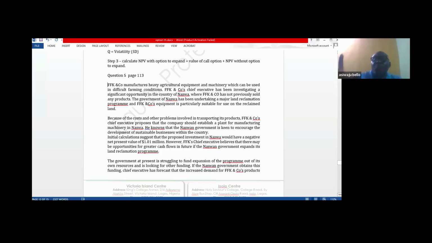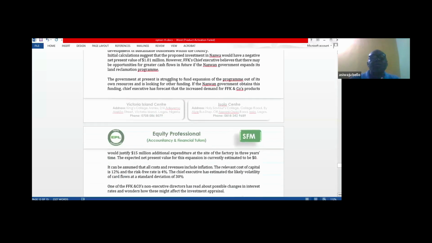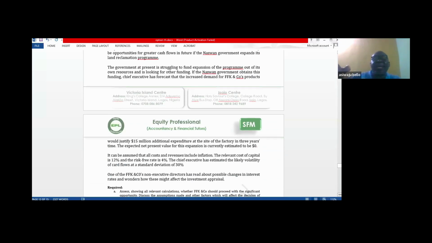If the Naswan government obtains this funding, the chief executive has forecast that the increased demand for FFK and Co. products would justify 15 million additional expenditure at the site of the factory in 3 years' time.